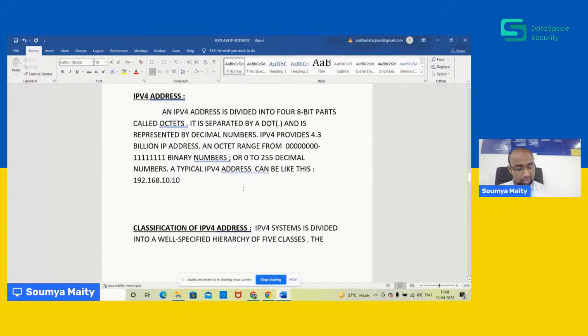First you calculate 0 multiply 2 to the power 7, plus 0 multiply 2 to the power 6, plus 0 multiply 2 to the power 5, plus 0 multiply 2 to the power 4, plus 0 multiply 2 to the power 3, plus 0 multiply 2 to the power 2, plus 0 multiply 2 to the power 1, plus 0 multiply 2 to the power 0.